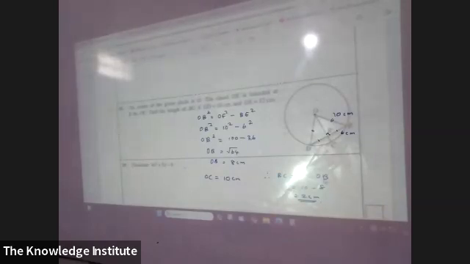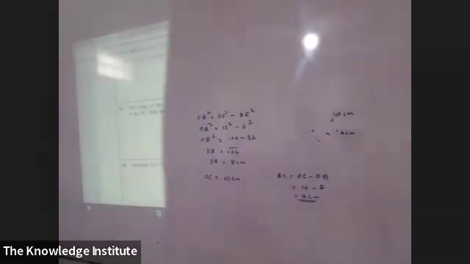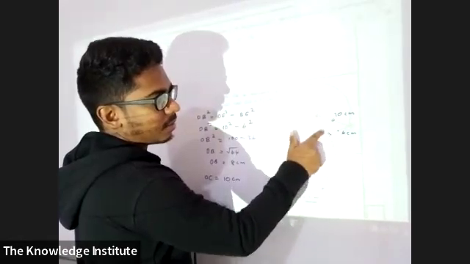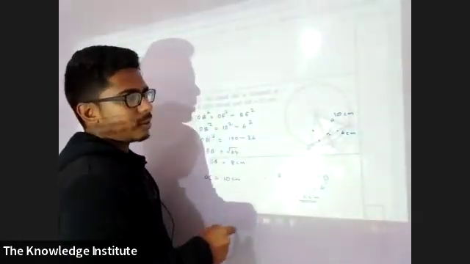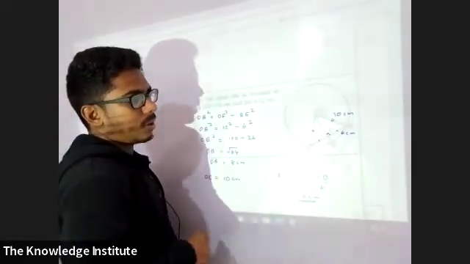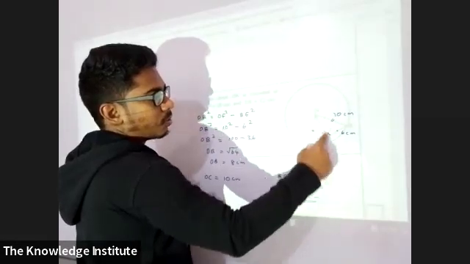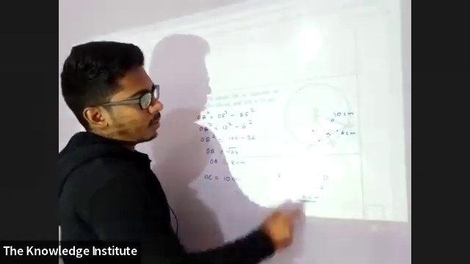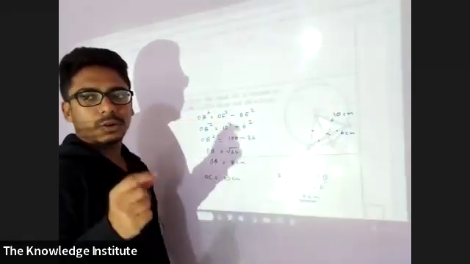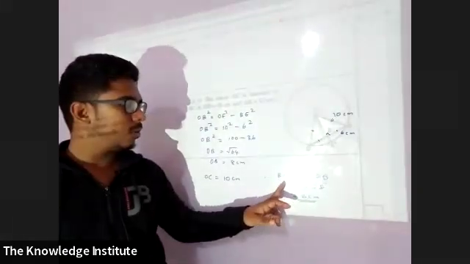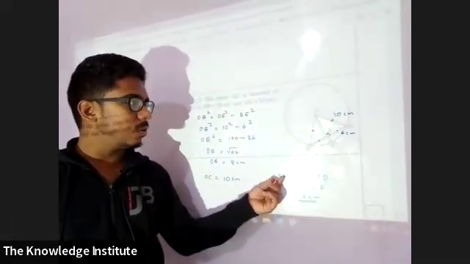Not like that. You want to find this length, then you take away. OC is equal to OD because all are radii of the same circle. But you have to find OB, and from OC you have to subtract OB.